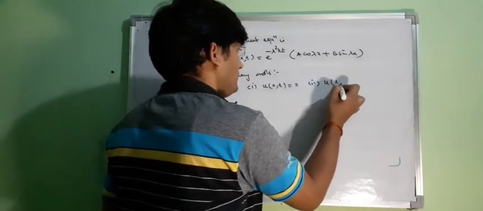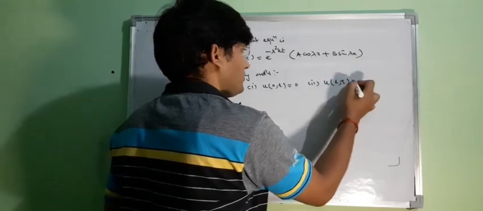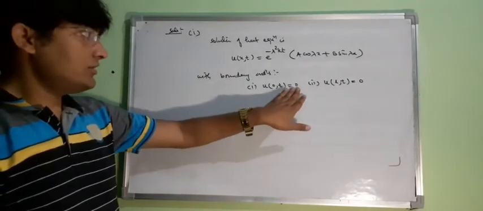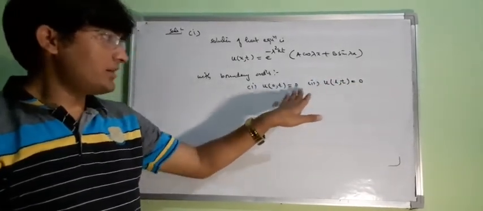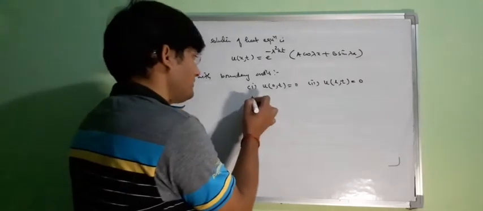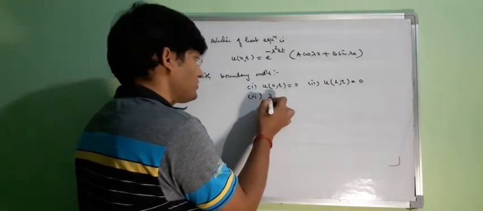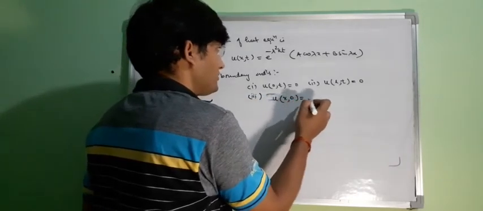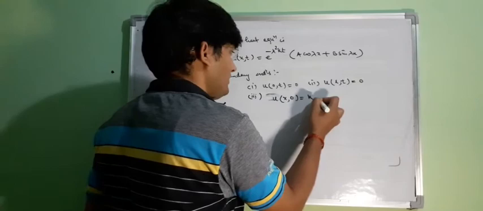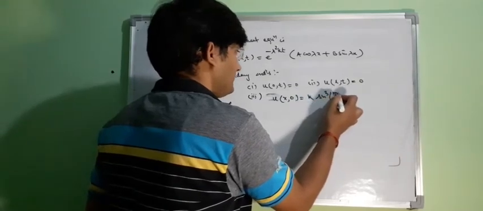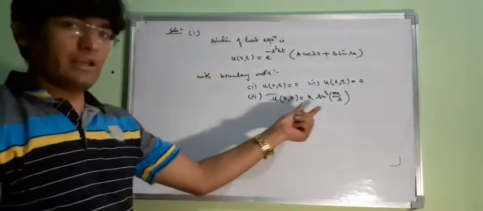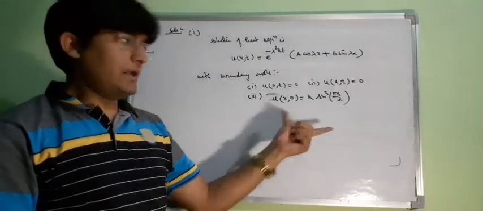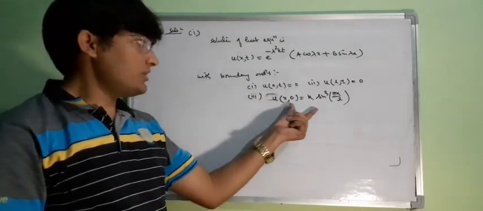Again, when the length of the rod is L, the temperature is 0 because the ends of the rod are at 0 degree centigrade. And the third condition is the initial temperature: for the first part it is k sin cube pi x upon L. For the second question it is k(Lx minus x square), and for the third question it is x and L minus x.